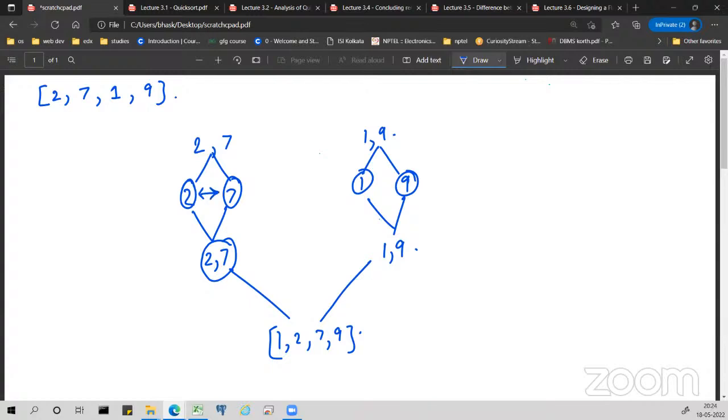Mind that this was already sorted. So you wasted this recursive call. You just wasted it. It was not required. Again, you took another recursive call for the same reason. This was again sorted, but you took that and you wasted that recursive call. Finally, this is something valid because yeah, it was unsorted, and then you are doing the comparison and making it.